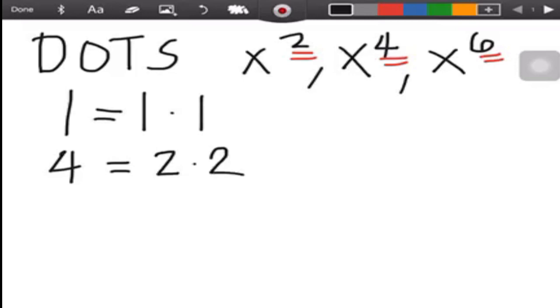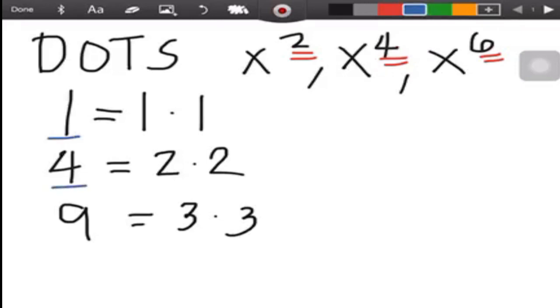So 2 is multiplied by itself. And then 9. The factors of 9 are 3 times 3. So 1, 4, and 9 are perfect squares. You can still make examples of perfect squares like 16, 25, 36, 49, and so on.